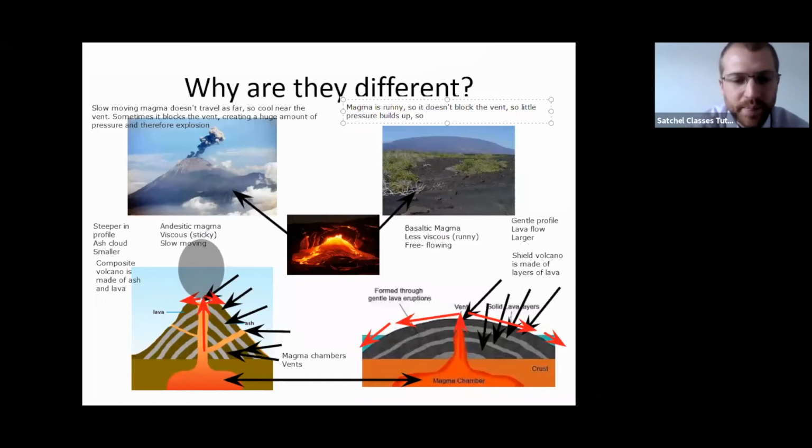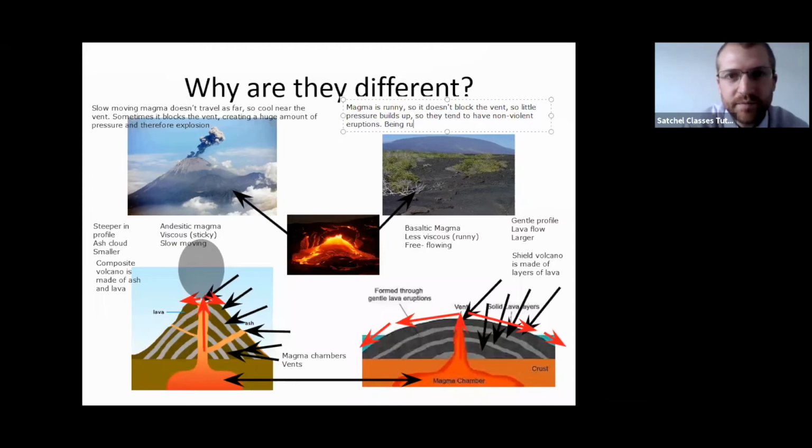So they tend to have non-violent eruptions. Okay, so that's quite key. So they tend to have non-violent eruptions.